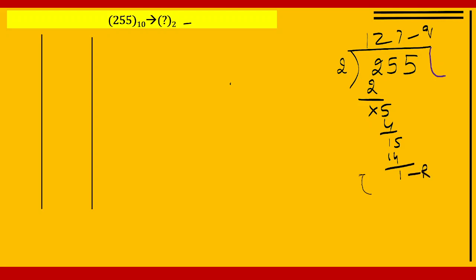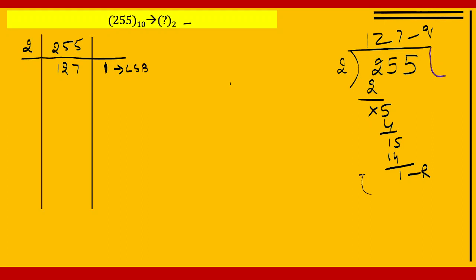How to assemble this answer? Draw two parallel lines, write the original number 255 and our divisor is 2. Then we will write the quotient part over here, and this is our remainder. Very first remainder that you get is your least significant bit.